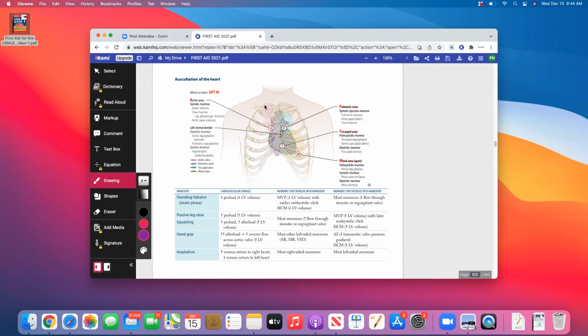Stroke volume equals end diastolic volume minus end systolic volume. Very good. What is the equation for ejection fraction?